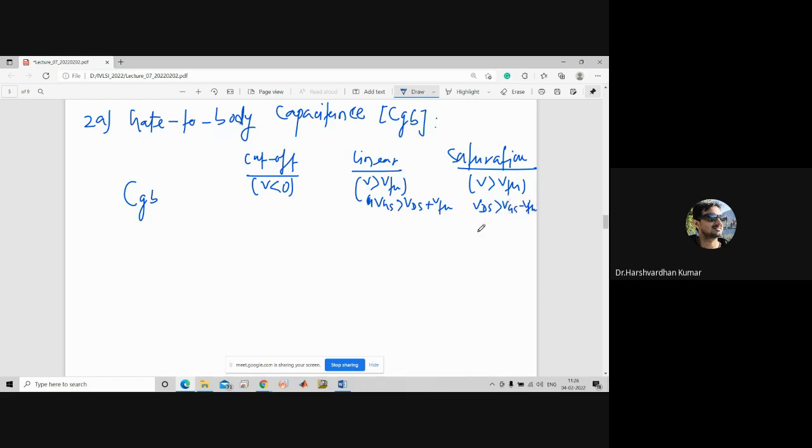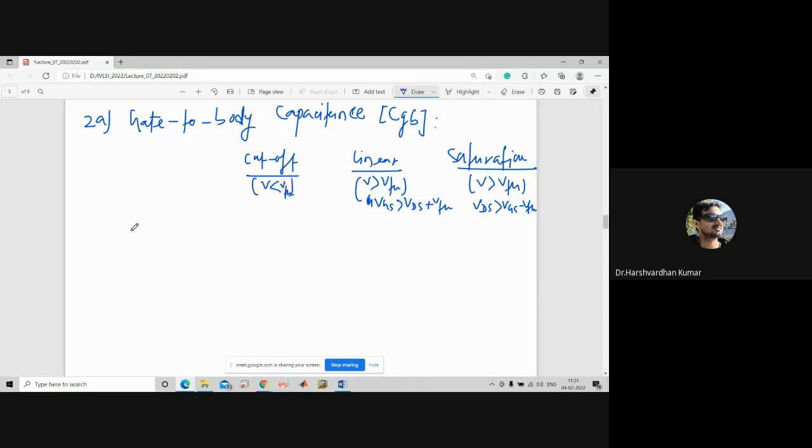For cutoff, VGS should be less than VTH, and the drain current is zero.